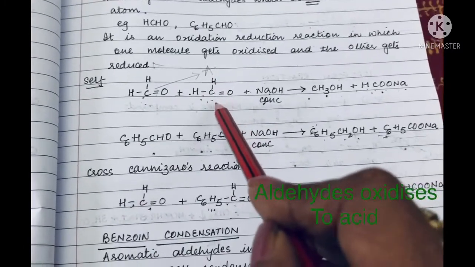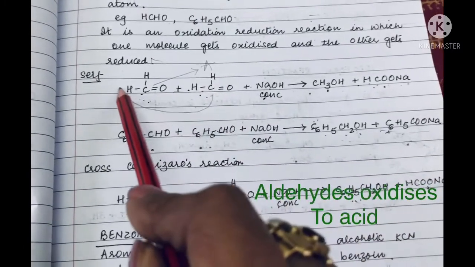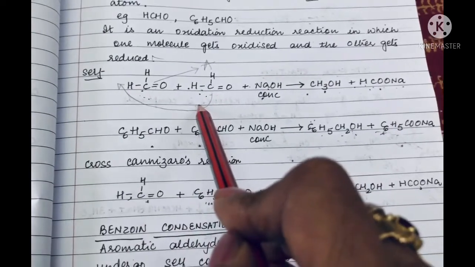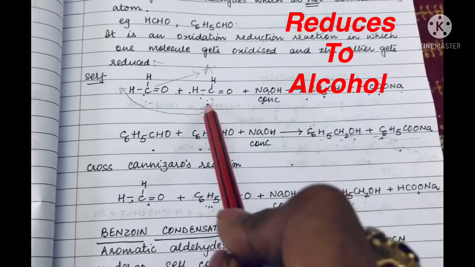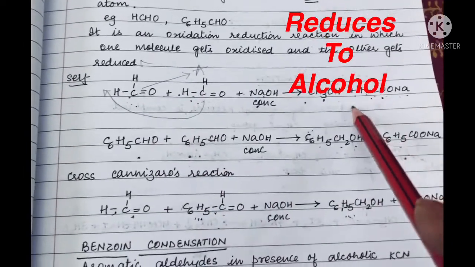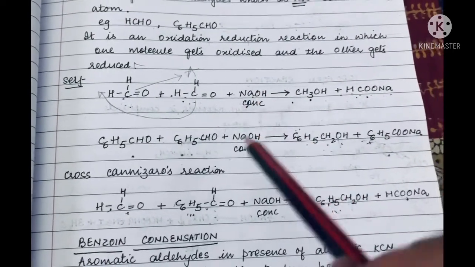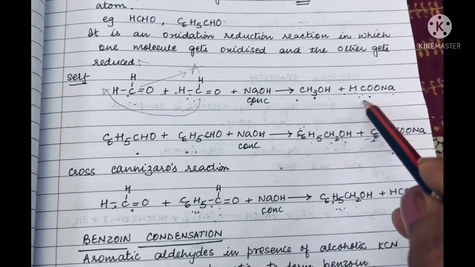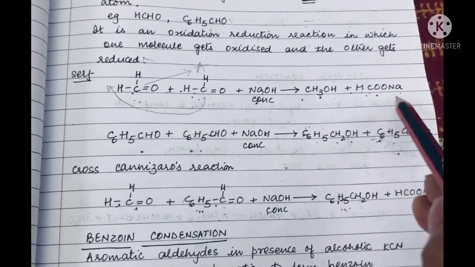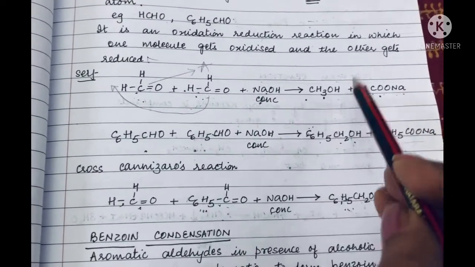Whereas this compound on reduction will move back and change into an alcohol. So one molecule gets oxidized. So I've written HCOONa because NaOH is also reacting. So actually the acid form was formic acid, but reacting with NaOH made sodium formate.